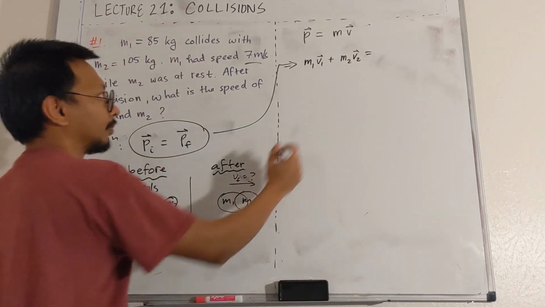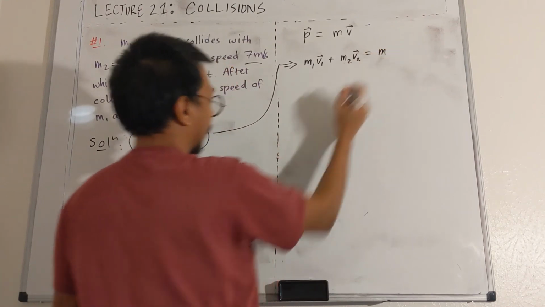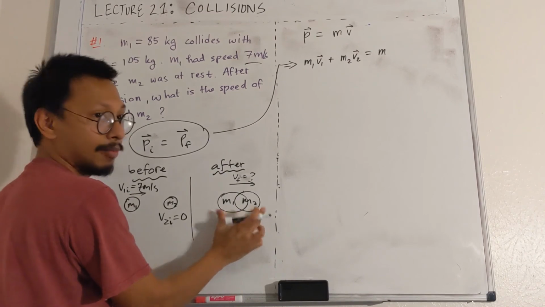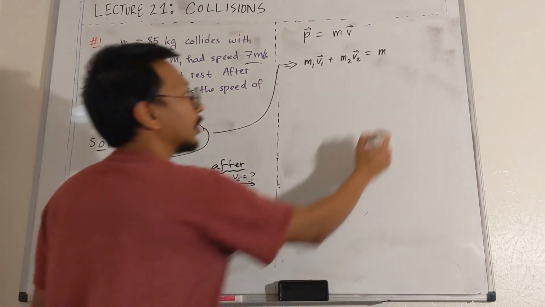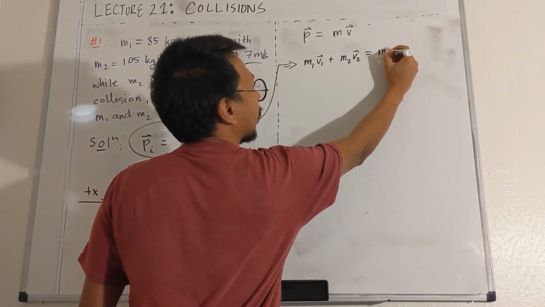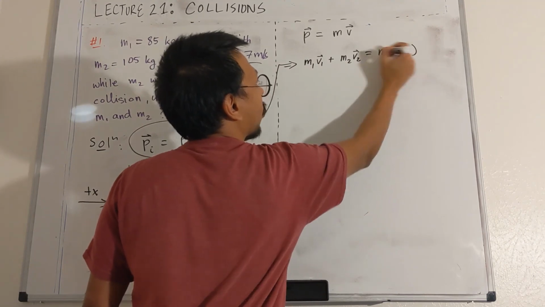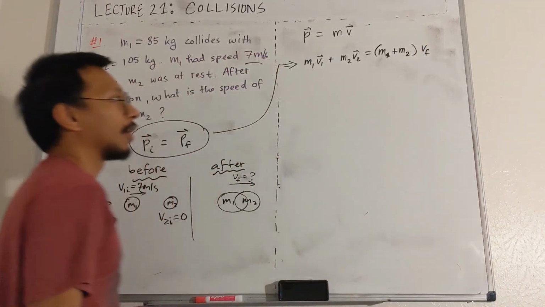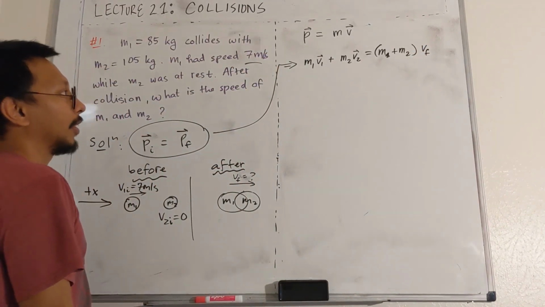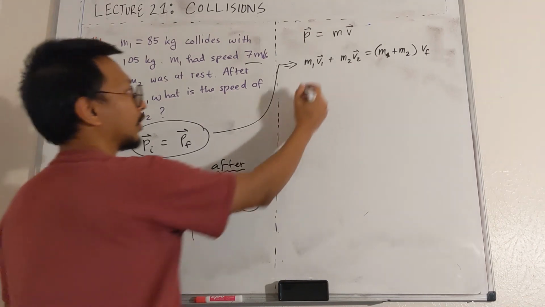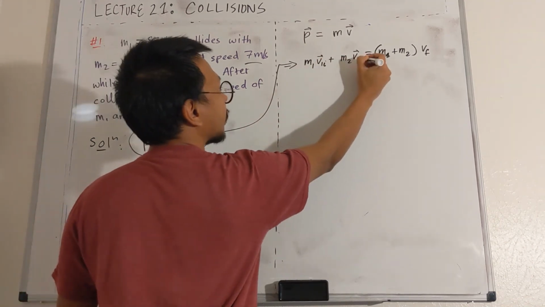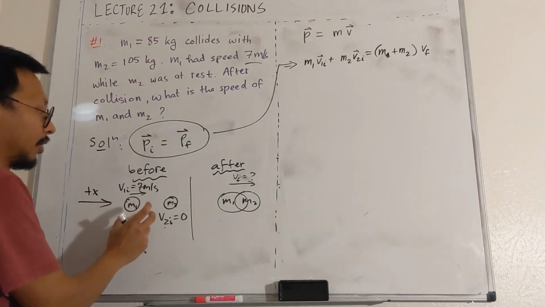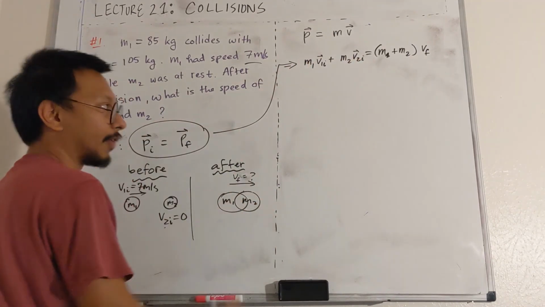That is equal to, in the final situation afterwards, we have m1 and m2 joined together into one object. So we have one velocity. m1 plus m2 is now one complete mass with one common velocity, vf, that we are looking for. Let's also give these i's and f's: i's on one side means initial and f's on the other side means final.